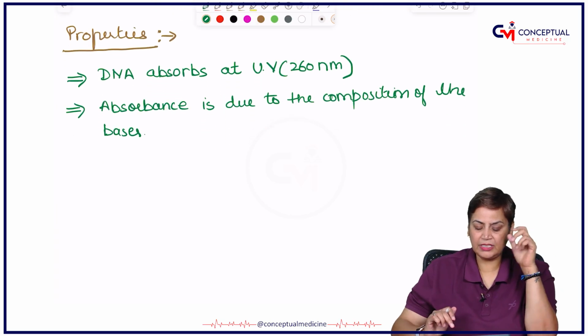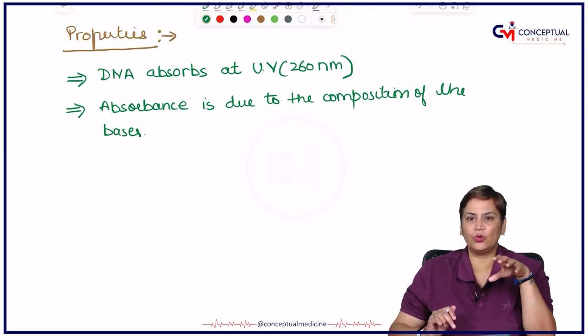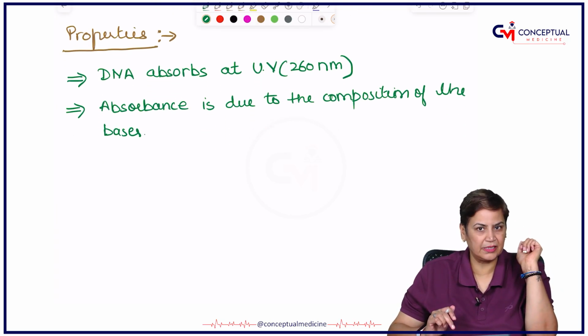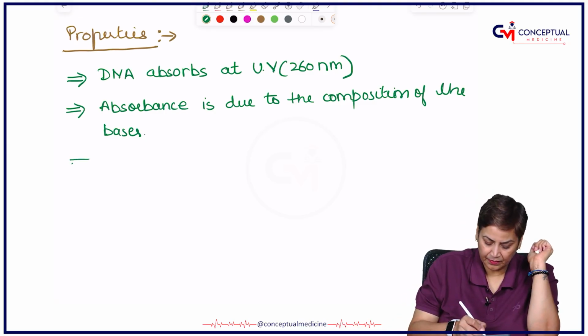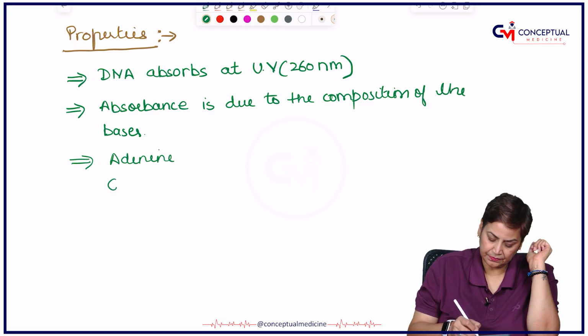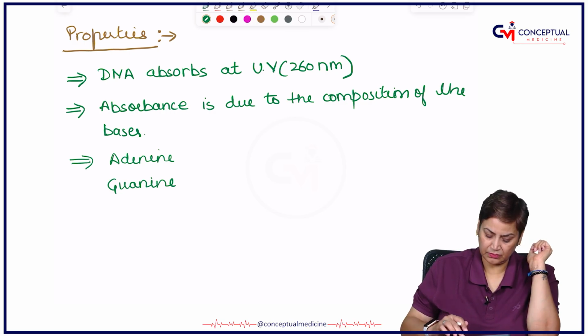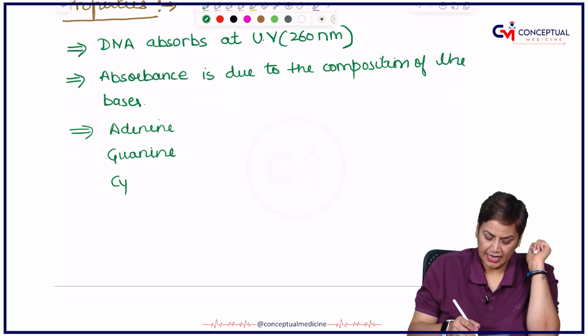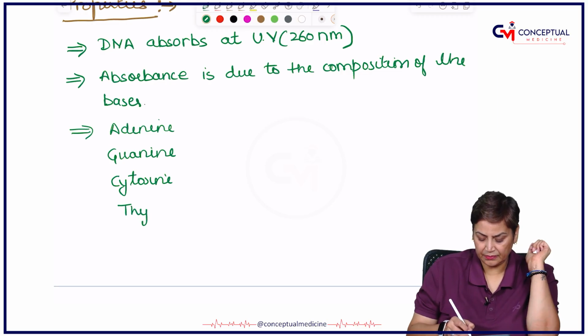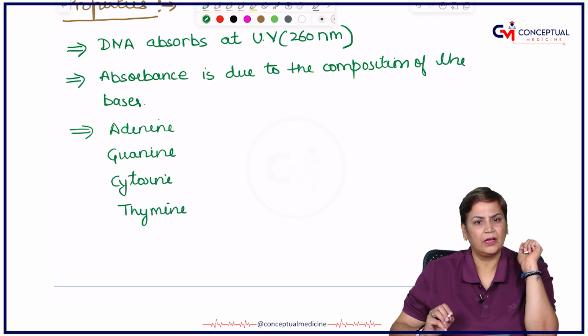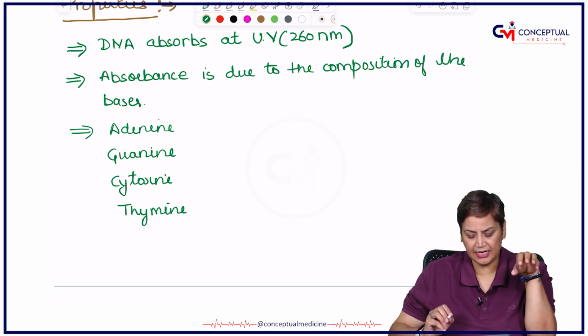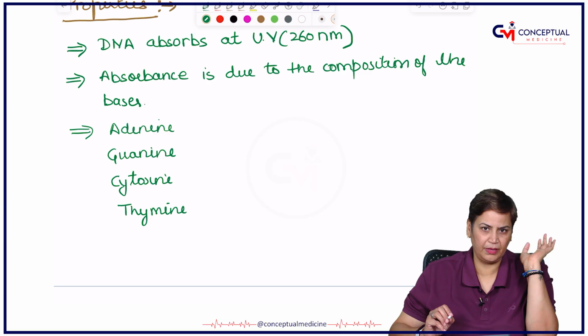Now coming over to this, if we talk about the bases only, I told you there are 4 bases: adenine, guanine, cytosine and thymine. So the 4 bases which are present in DNA are adenine, guanine, cytosine and thymine.